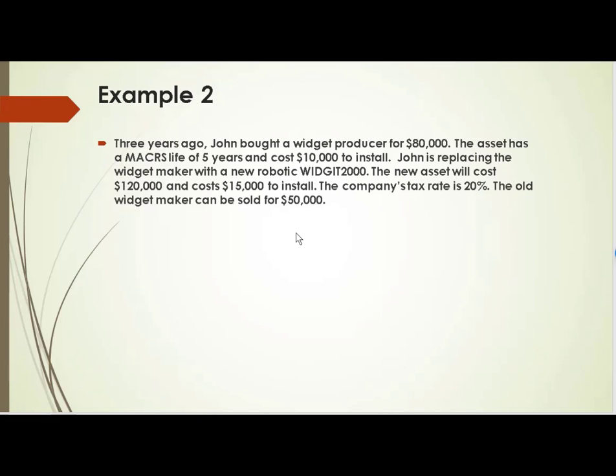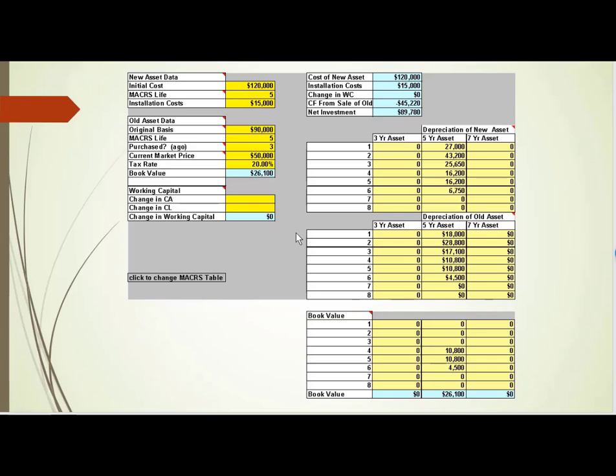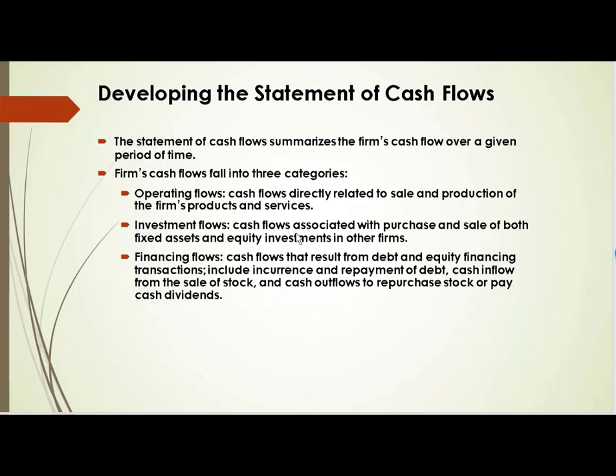So let's think about this asset and how we can do this. And in fact, I'm going to skip example 2. We'll do that in class. So if you want to develop a statement of cash flows, then we need to understand the 3 series of cash flows that are involved in this calculation.